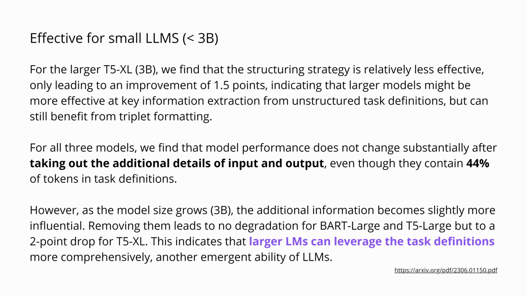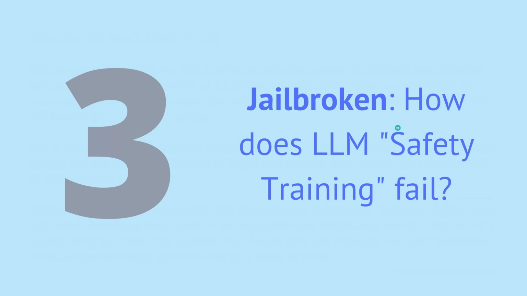Second, the bigger those models get in size, 3 billion, 7 billion, 11 billion trainable parameters, the more the model is able to extract additional information from a very normal natural language presentation. So larger LLMs can leverage the task definitions more comprehensively and get additional information.